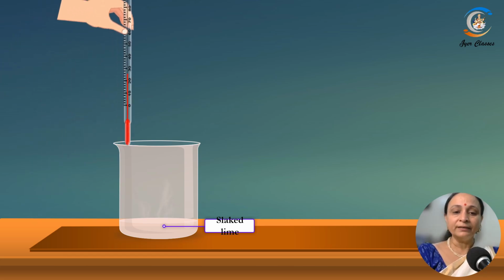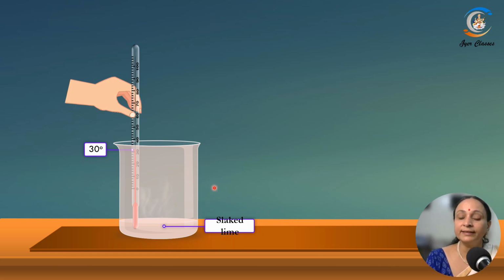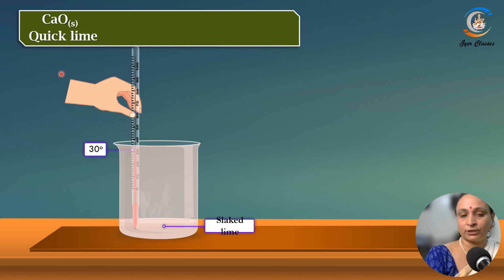After some time the reaction takes place and the quicklime converts into slaked lime. You can see it is converted into another compound, the slaked lime, and the chemical reaction increased the temperature from 25 degrees centigrade to 30 degrees centigrade.